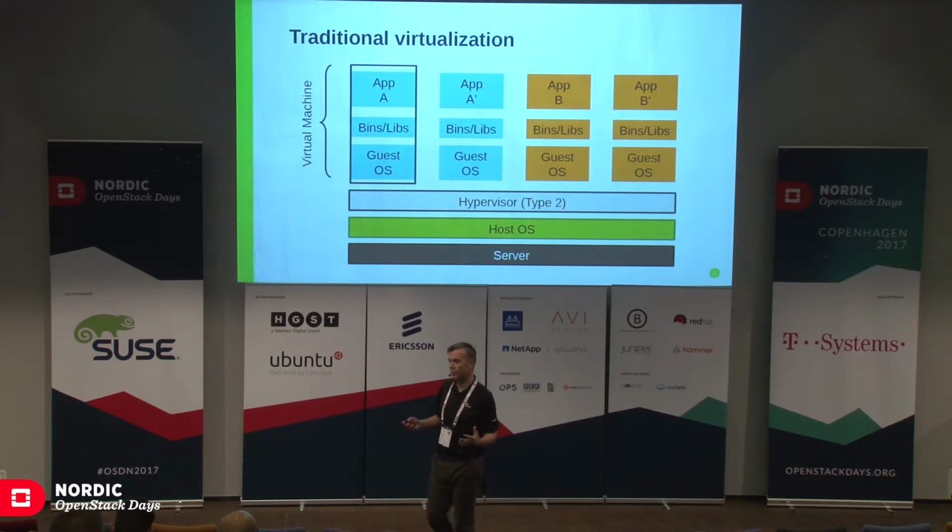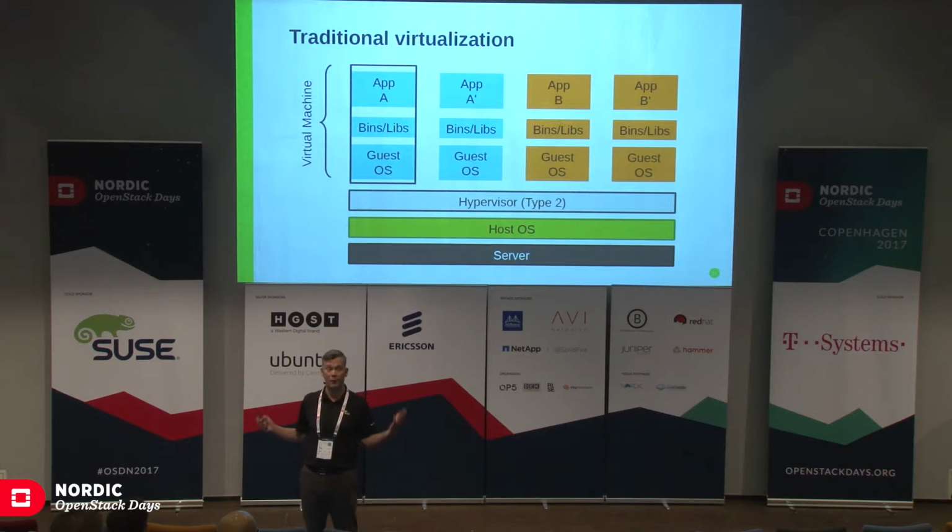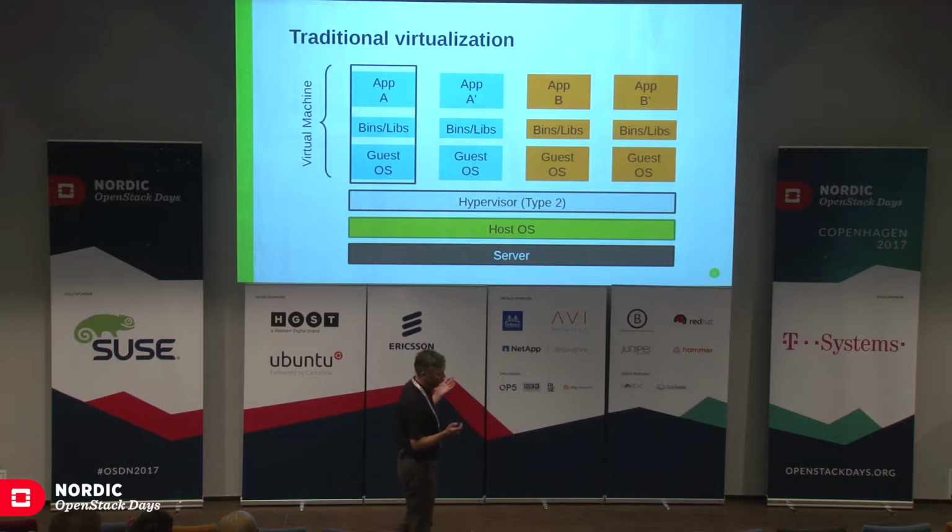So, I've talked about OpenStack being a great tool for driving VMs. We've been using Nova for a very long time to drive our virtual machines on KVM, or other hypervisors are also included. But when you do that, you have an overhead. That overhead costs time, it costs energy, it costs resource.